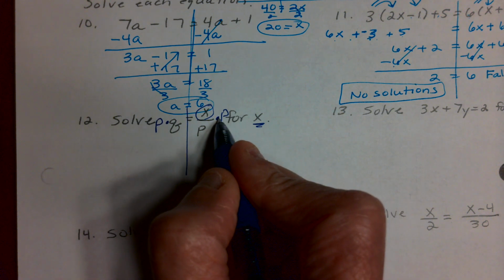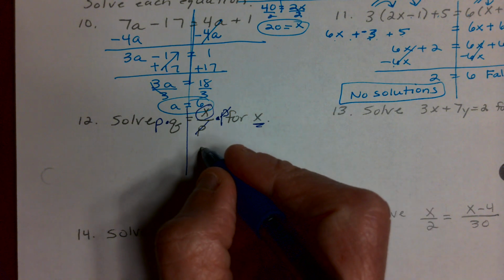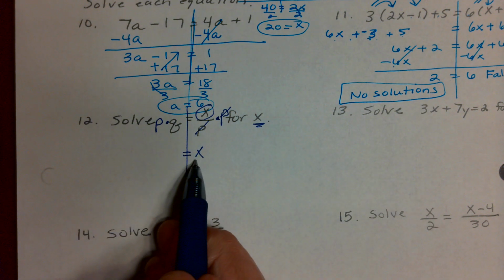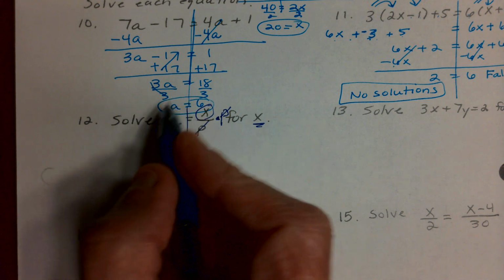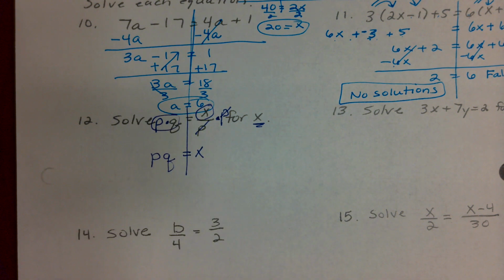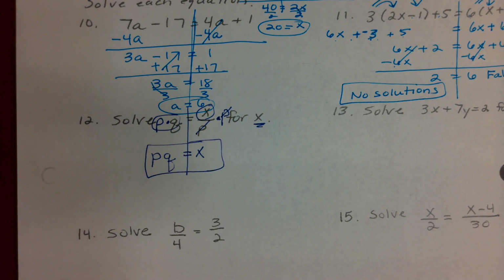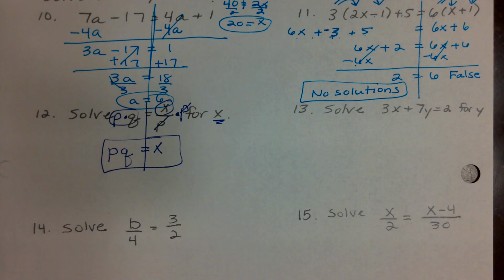Okay, so P over P cancels off. And you're left with your X, which is what you wanted. Yay! So what's over here? P times Q. So not a ton of work, but again, confusing because you're seeing all those letters, which people don't always love.